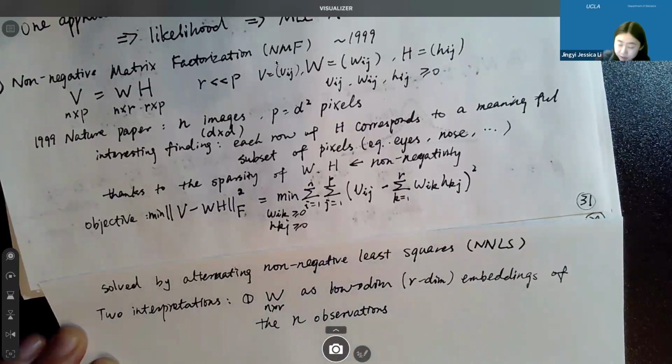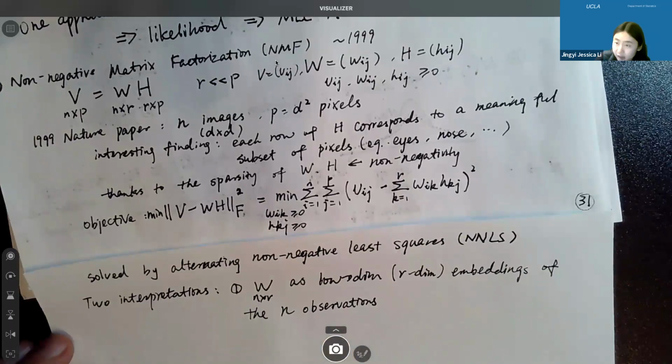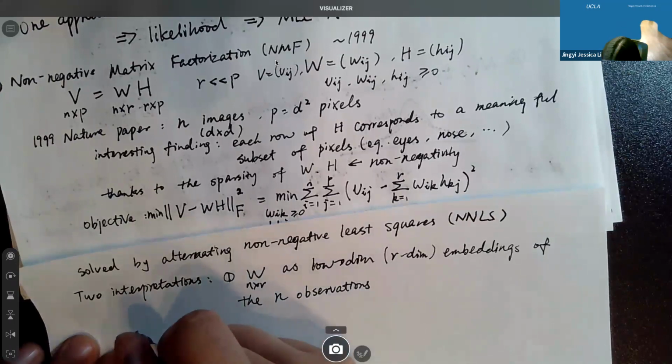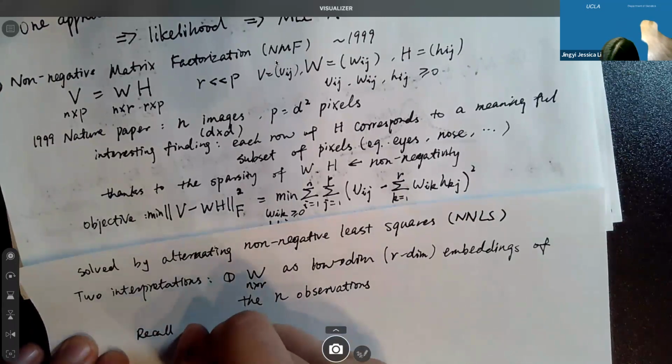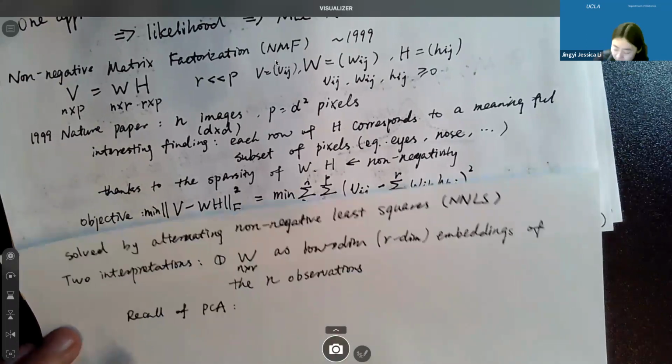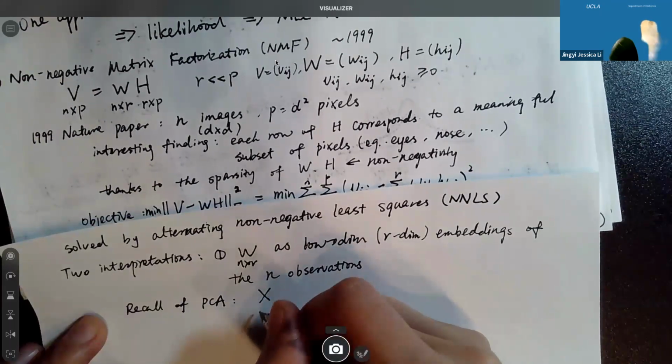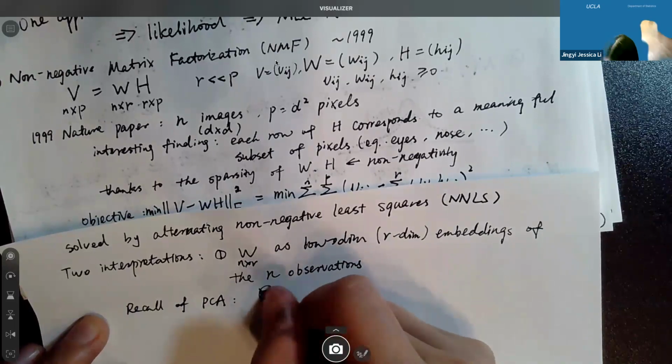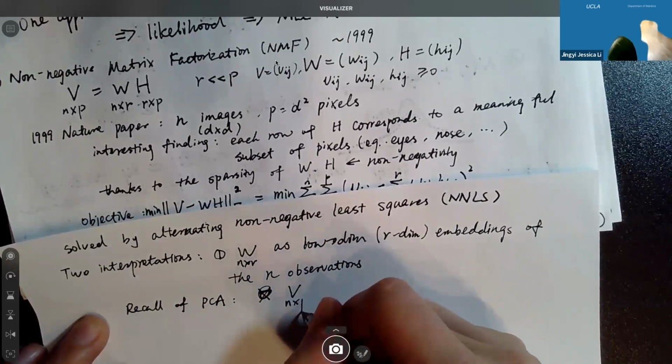That's one interpretation, similar to what you do by PCA. When you do PCA, recall that you could also obtain the PCs, right? So let me just recall PCA. Let's say that here we start from V, N by P.